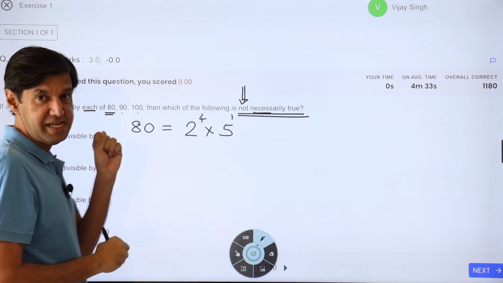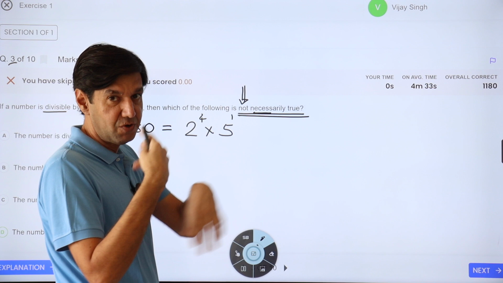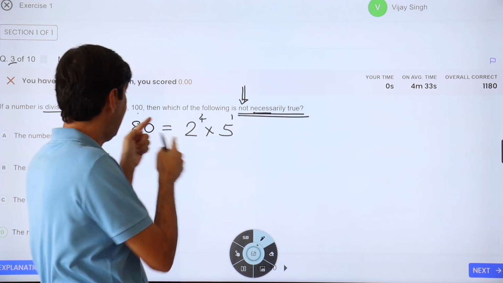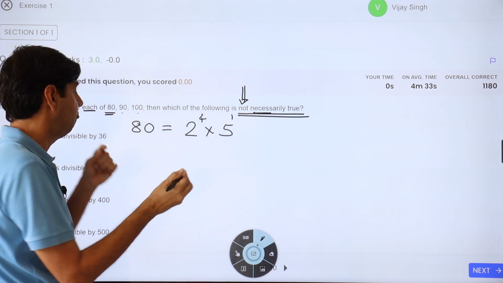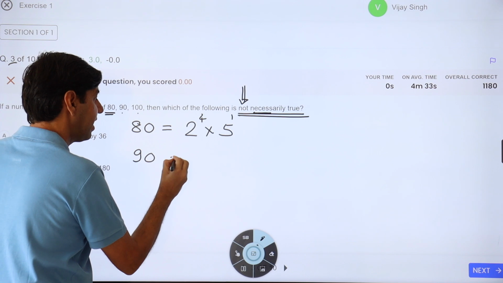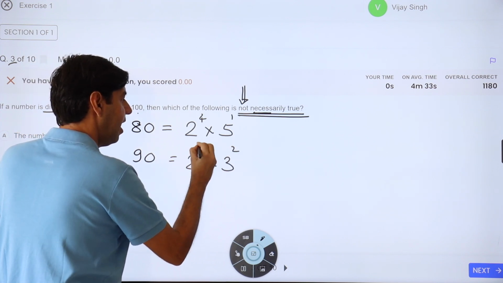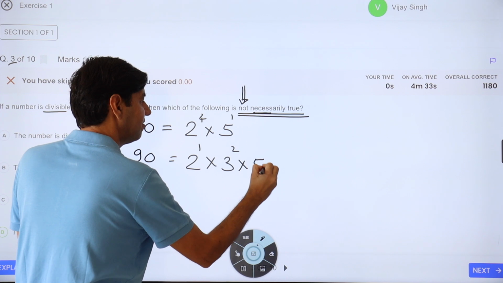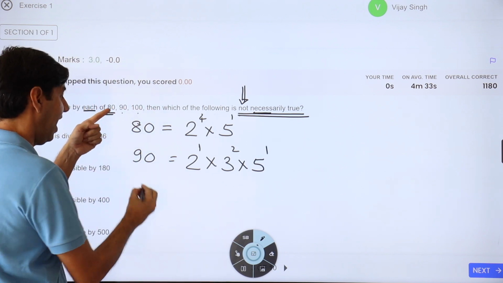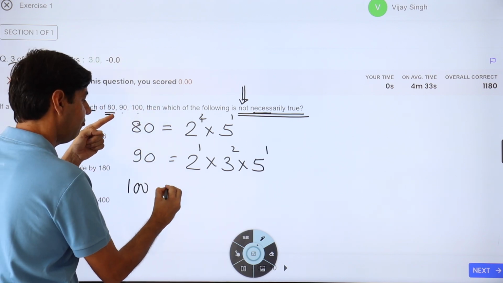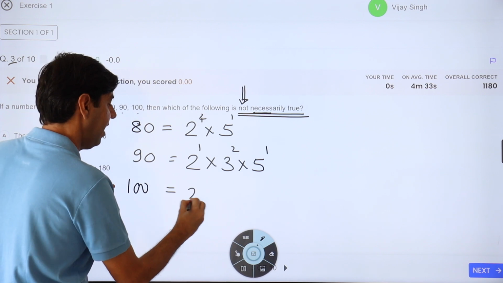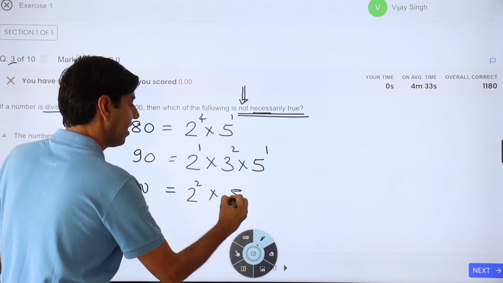Similarly, 90 has 9, that's a power of 3, 3 square, and 10 is 2 into 5. So 90 I would break as 2, 3 square and 5. And 100 is nothing but 4 into 25, 2 square into 5 square.